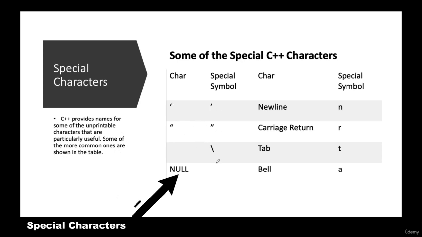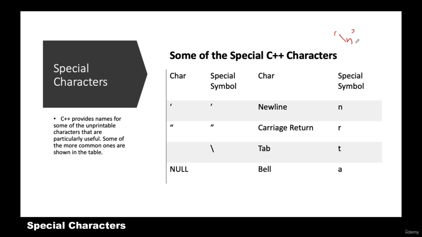Then we have a backslash symbol. Then we have null. Then we have new line, which is backslash n, which means to go to a new line. Using the backslash along with the letter n, whenever the program sees it, it will move to the new line.